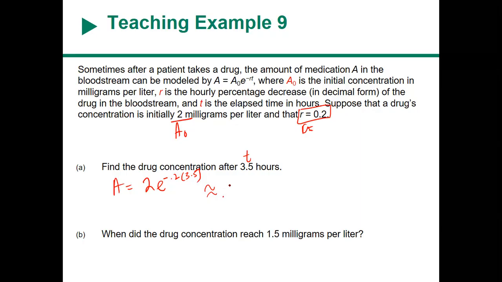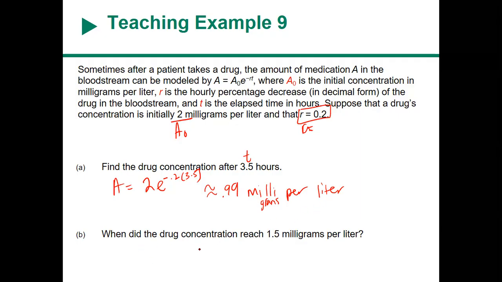So approximately 0.99. And what does this 0.99 represent? That is milligrams per liter, right? We're going to make sure we label it milligrams per liter. So that's the concentration that's left.